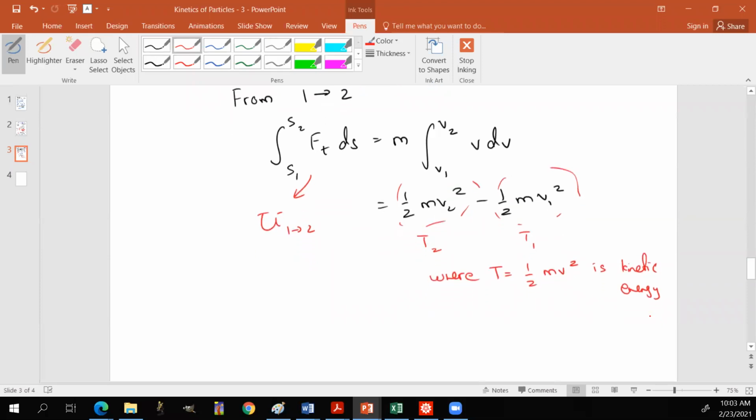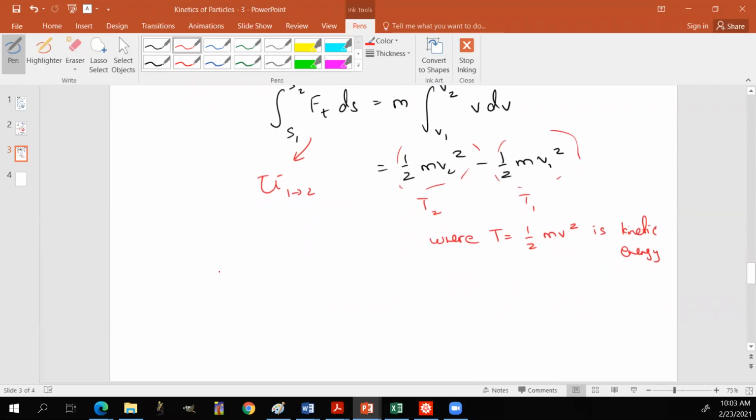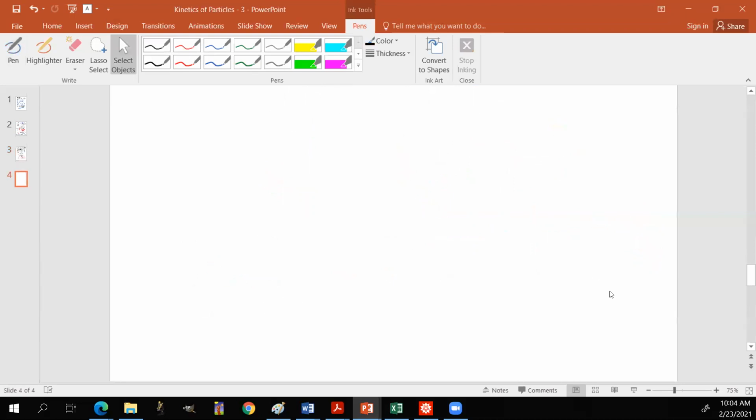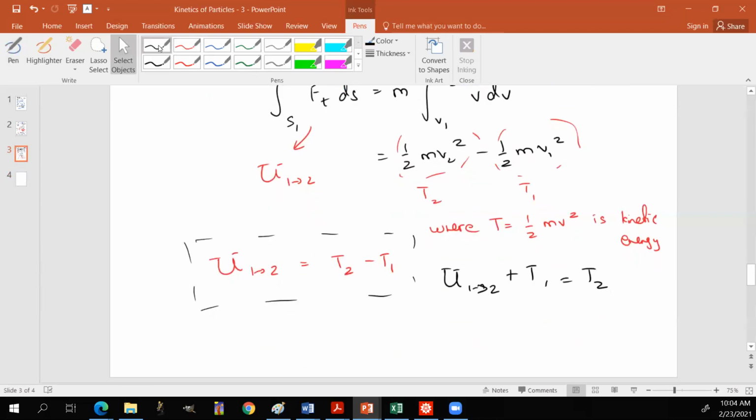All right, so the expression that you end up with is that the work done by the force F is equal to the change in kinetic energy. And we're going to be using this expression, and you might see different variations of it. You might see that the work done plus the kinetic energy at the first position is going to equal the kinetic energy at the second position, right? So you might see the equation used in that format as well.